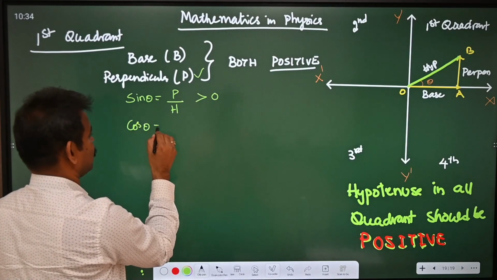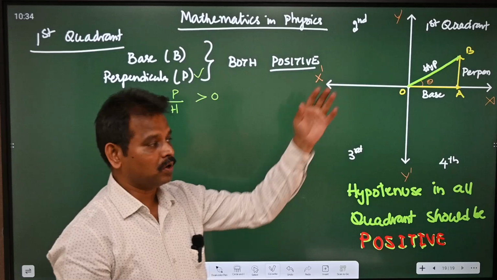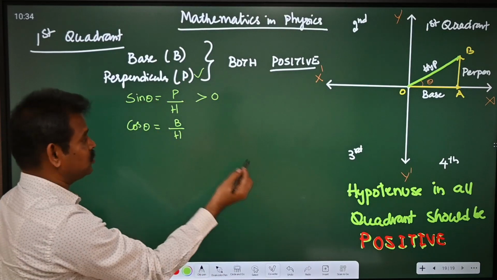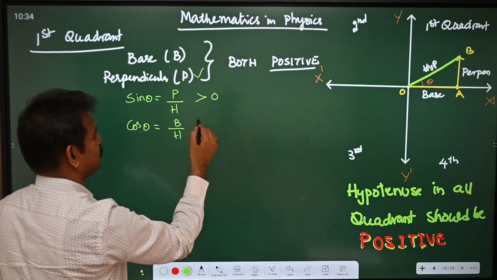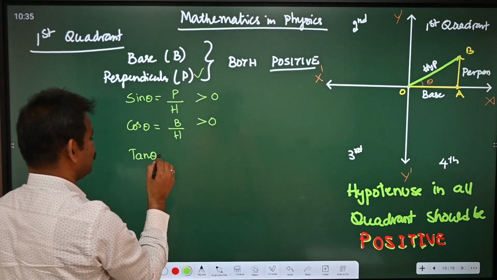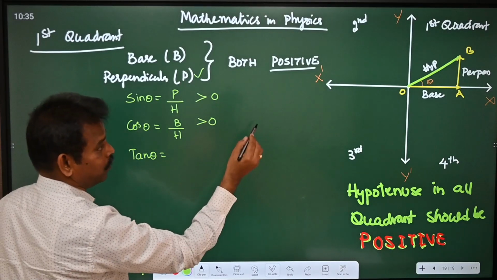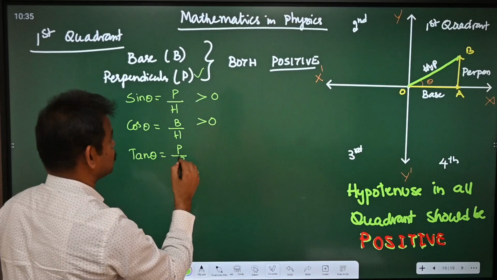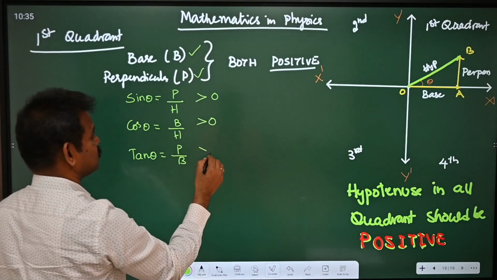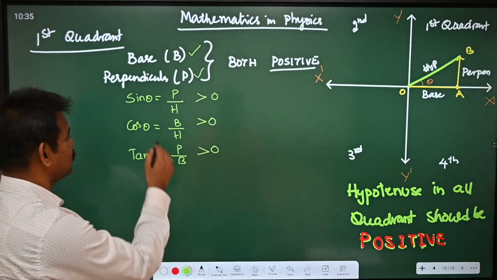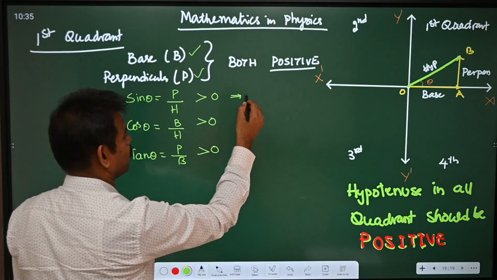Cos theta is base by hypotenuse, that is b by h. h is already positive, b is positive here. So this is positive. Now similarly tan theta is equal to opposite side by adjacent side, that is perpendicular by base. Both b and p are positive. This is also positive.